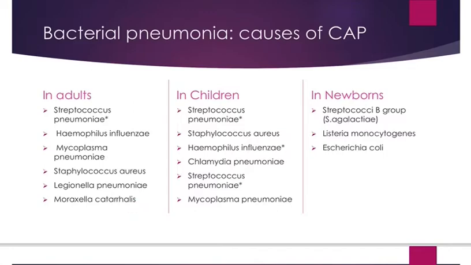In children, we see this disease caused by Streptococcus pneumoniae, Staphylococcus aureus, Haemophilus influenzae, Chlamydia pneumoniae, and Mycoplasma pneumoniae. In newborns, we can see group B Streptococci like Streptococcus agalactiae, or Listeria monocytogenes, or Escherichia coli.